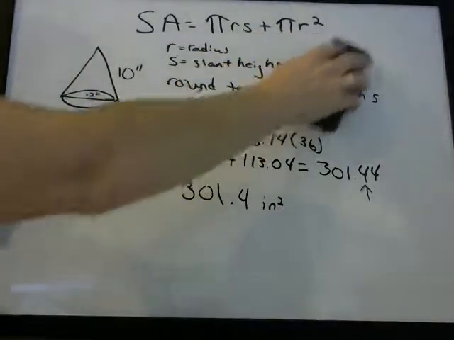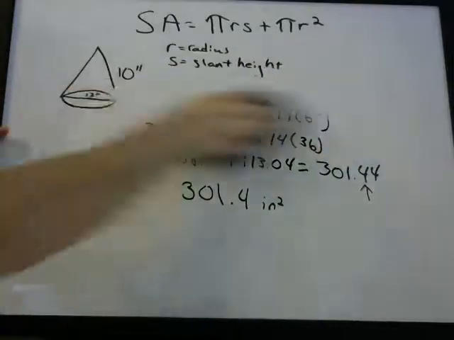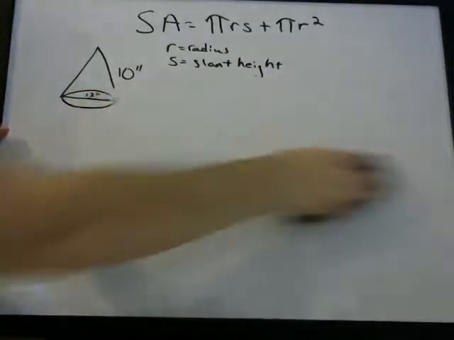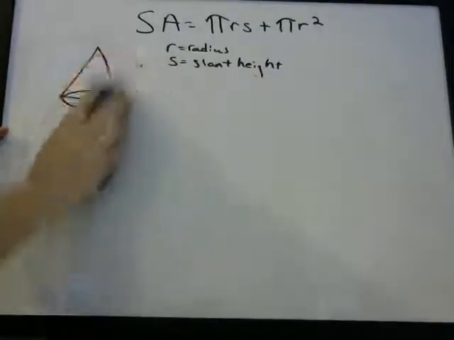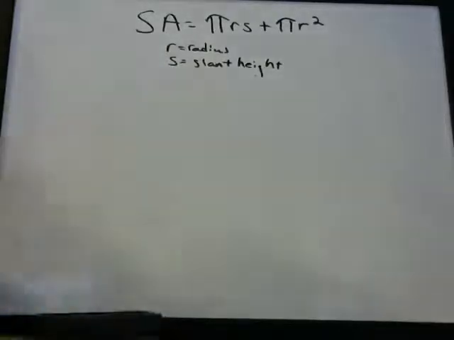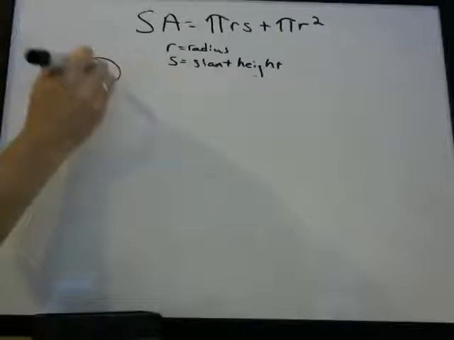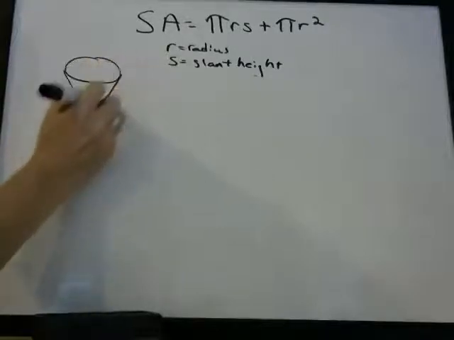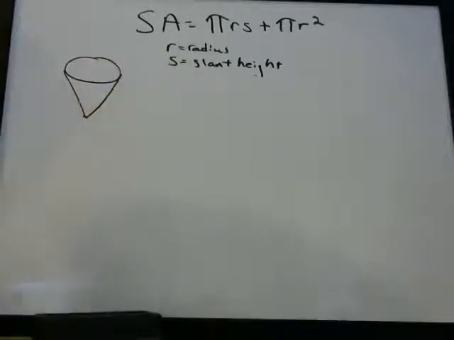We're going to do 2 more questions. So let's say you have a tank that's in the shape of a cone, and it holds water. And you want to paint this tank. So you're going to paint the outside, you're going to paint the top.